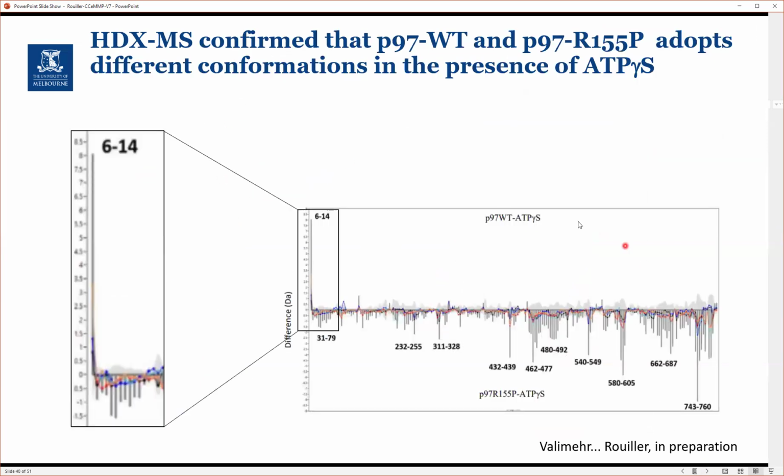You can then compare the uptake of a wild-type protein with a mutant protein, and we saw two things. So one, a peak right at the N-terminal peptide shown here.